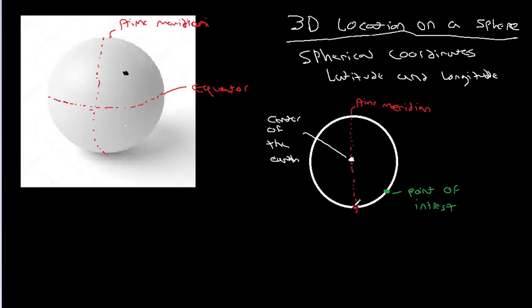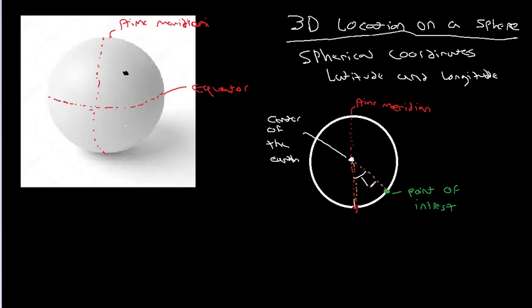All we have to do is measure the angle. Let's do this in orange. We just have to measure the angle that's created between the prime meridian, the center of the Earth, and the point of interest.